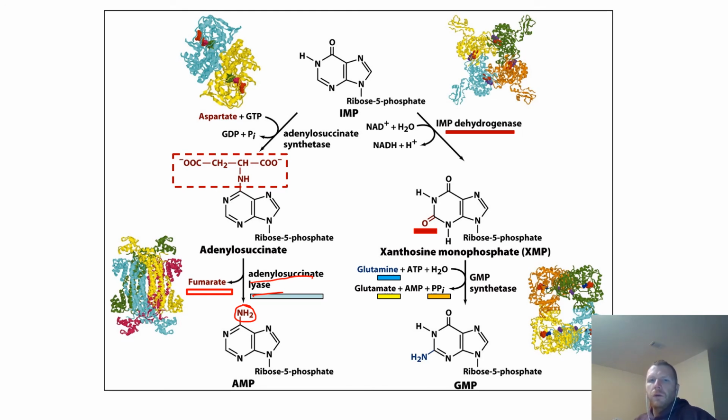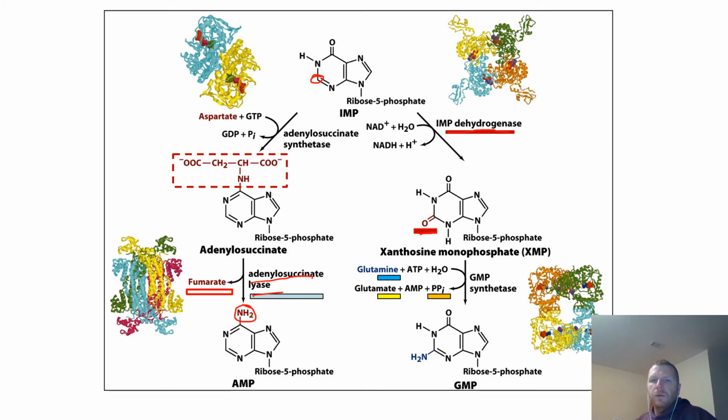In order to do that, we've got to use IMP dehydrogenase, because what we're targeting now is this carbon right here. What we've got to do is put a double bonded oxygen, or a carbonyl oxygen, on it. And then we will have made xanthosine monophosphate, or XMP.